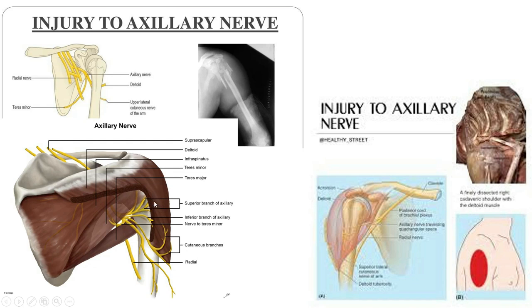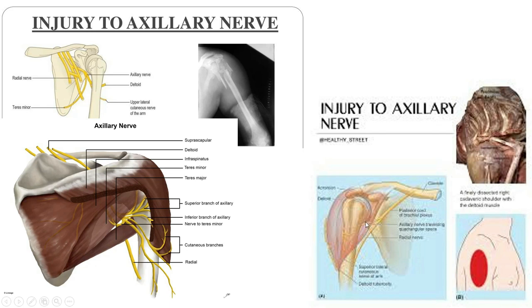Now, during operation, if we injure the axillary nerve, generally the operation approaches the anterior aspect, but the deltoid muscle is supplied from the posterior aspect by the axillary nerve. So if we injure it in the anterior aspect, there will be no harm to the deltoid muscle. This is a misconception, that during operation it is hampered.